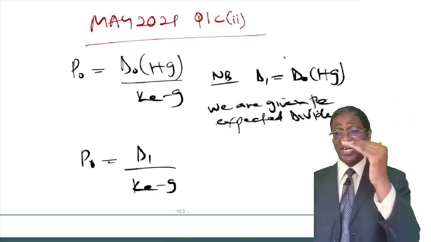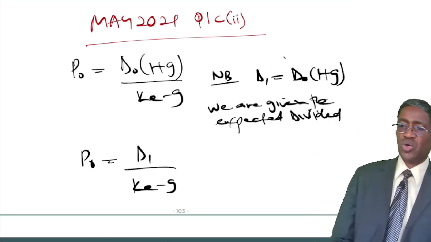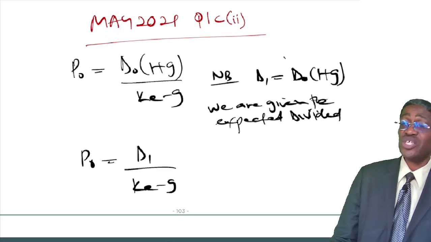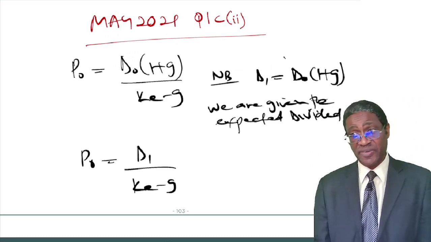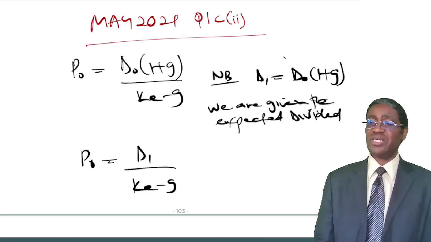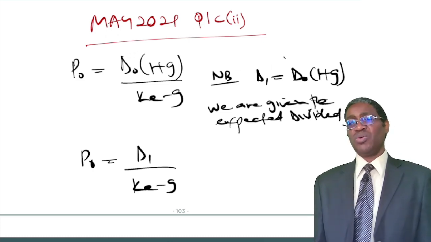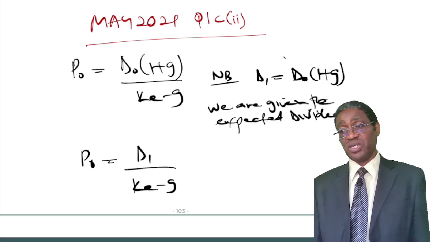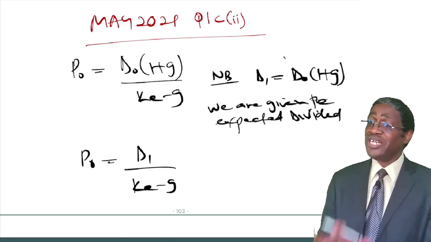I'm just converting the numerator into D1 because this time I don't know the history of the payment, but I know the expected dividend. That's important to remember. We can see it is even tested in this topic of valuation. We applied the concept when we were discussing the topic of cost of capital. Good.